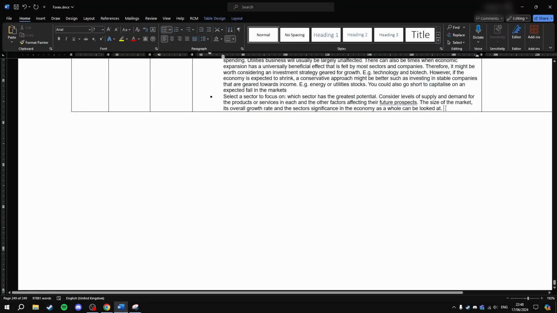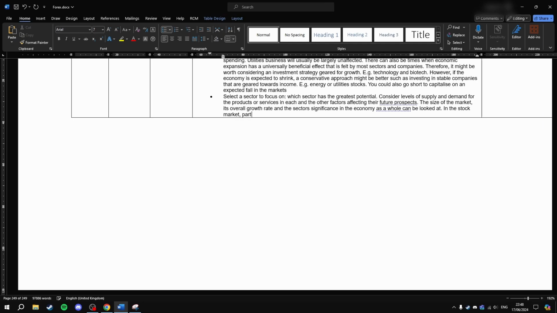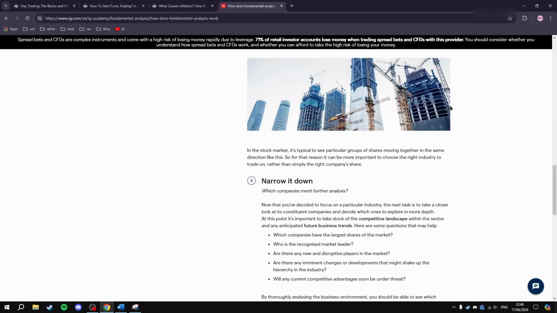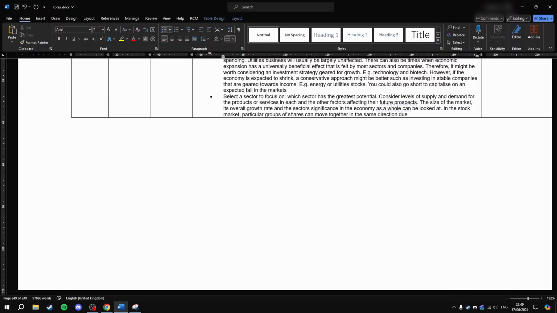In the stock market, particular groups of shares can move together in the same direction due to links between them.